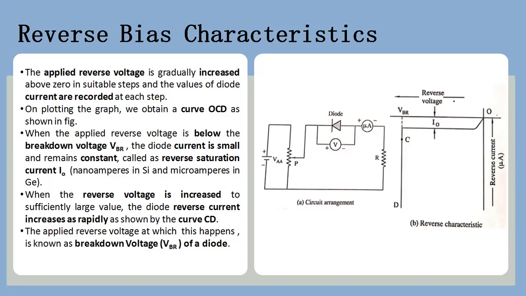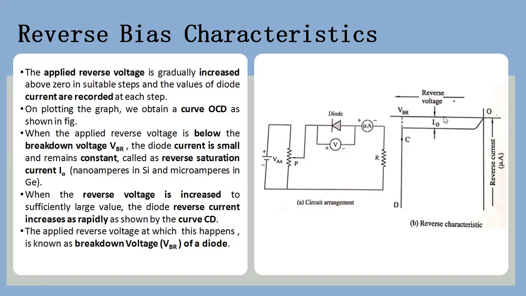Initially, the applied reverse voltage is gradually increased above zero in suitable steps, and the values of the diode current are recorded. By plotting the values, we are getting the output graph, a curve of O, C and D. Here you can see that when the applied reverse voltage is less than your breakdown voltage, we have a small, constant value of diode current.